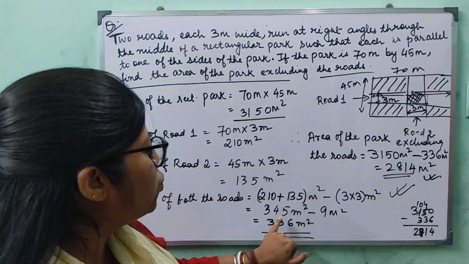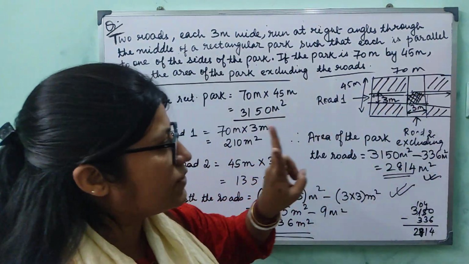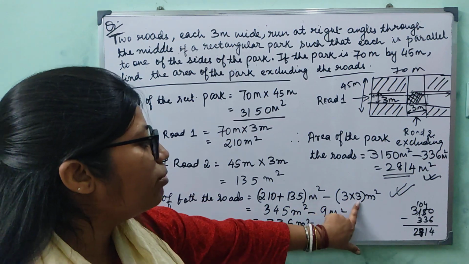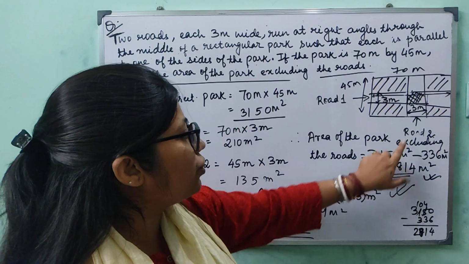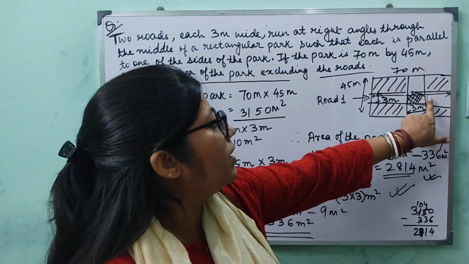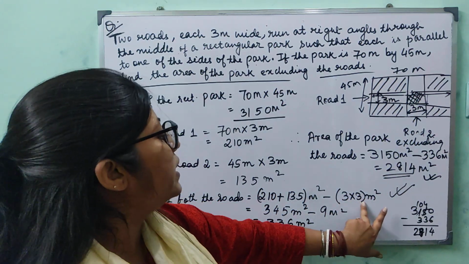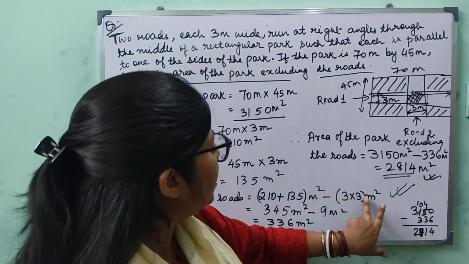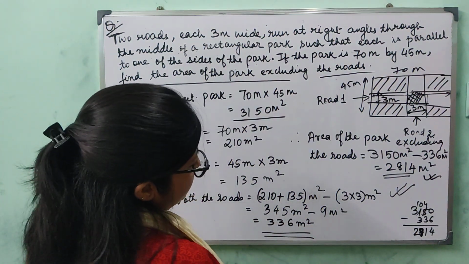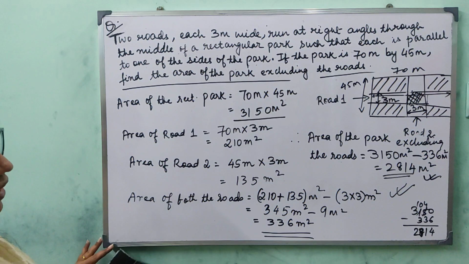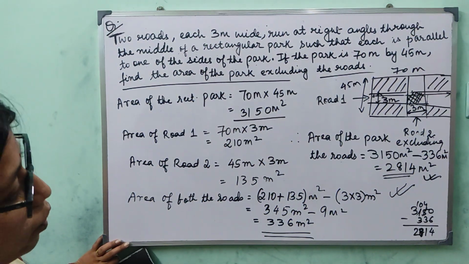When I was doing 210 and 135, this common portion was falling twice. That is why I removed the area once. So how 3 into 3? Because this is a square with side 3 meter everywhere, so 3 into 3 is 9 meter square. So 345 meter square minus 9 meter square is 336 meter square. Now this is the area of the roads.